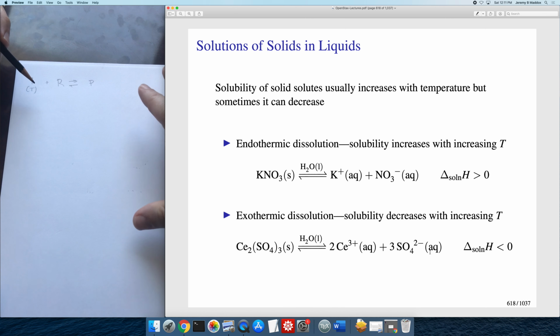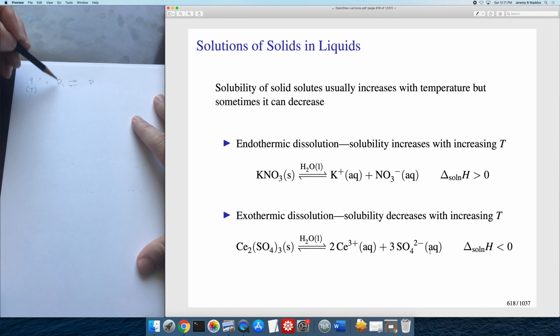You need to watch what I'm doing here. When you increase the temperature, when the temperature is on the left-hand side, that has the effect of pushing you towards the right-hand side.